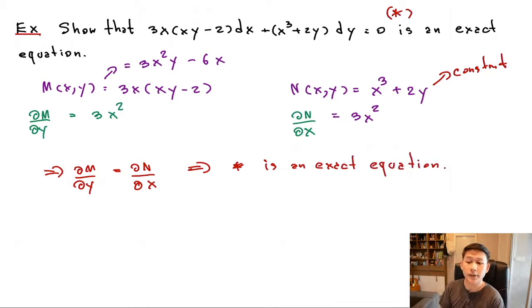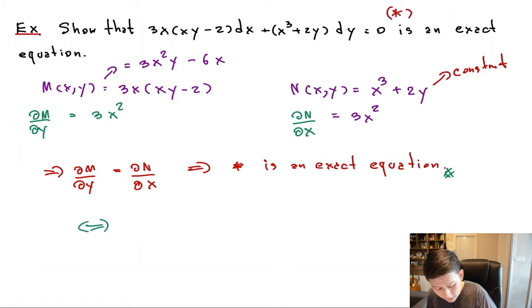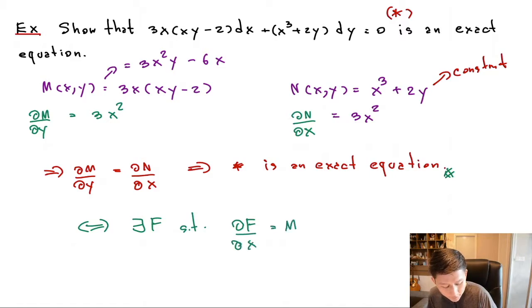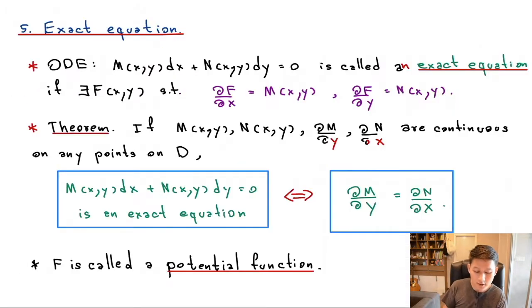Make sense? And that's it. That's the end. But if you want to interpret it, it means that there is a function f such that df by dx is M and df by dy is N, right?